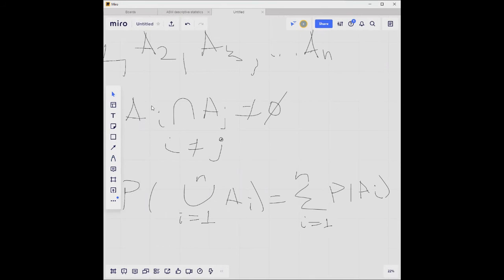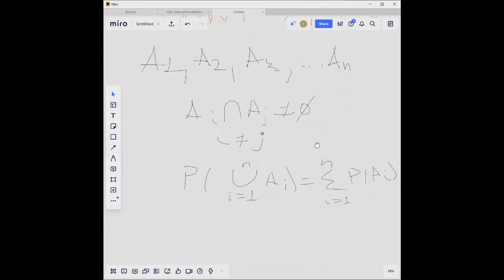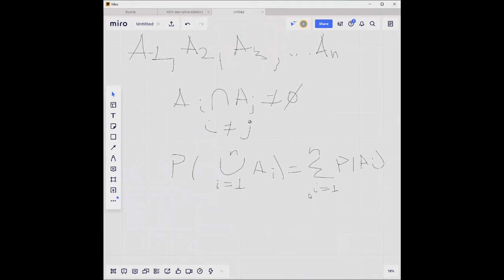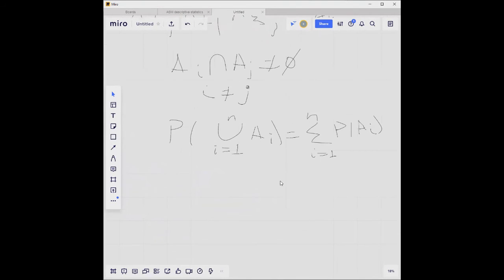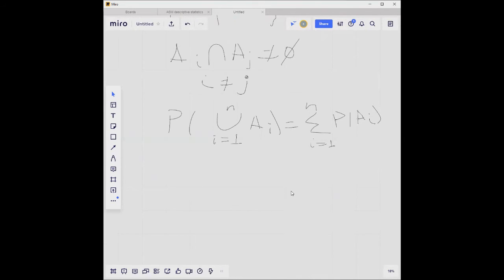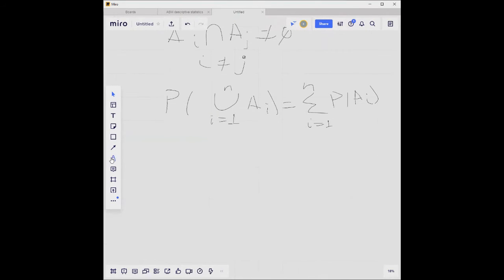So this is similar to axiom number 4, but this time we have a finite collection of events from A1 to An. Okay, let's prove it. We prove it by induction. I will not go over too much detail. In the case when n is equal to 2, this is straightforward axiom number 3.